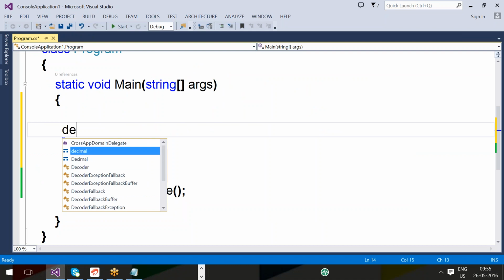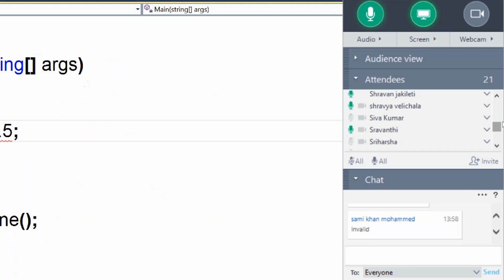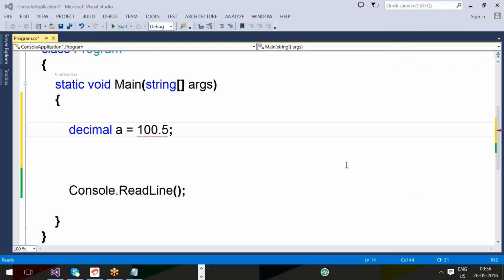Decimal a equal to 100.5. Valid or invalid? Invalid, there is an error. Why is it invalid?